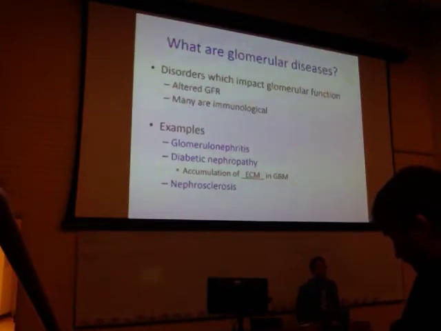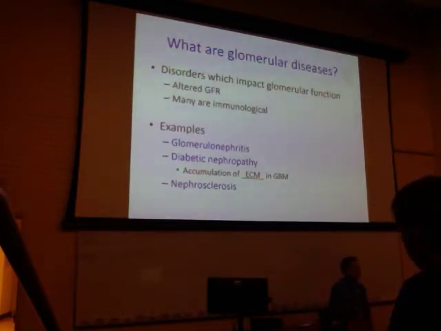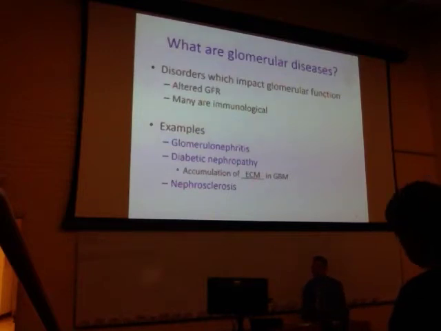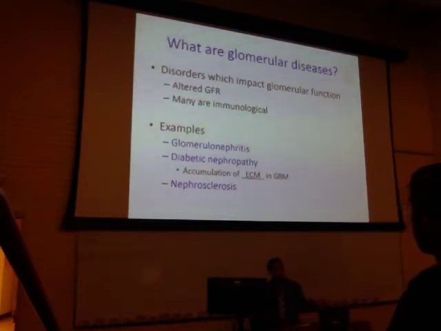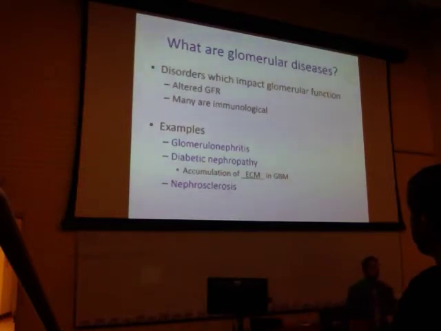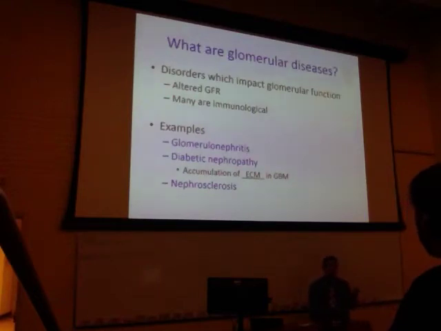If GFR goes down, urine production goes down. So if you're measuring a patient's urine production over time, it's an indirect, but very near direct indicator of GFR.